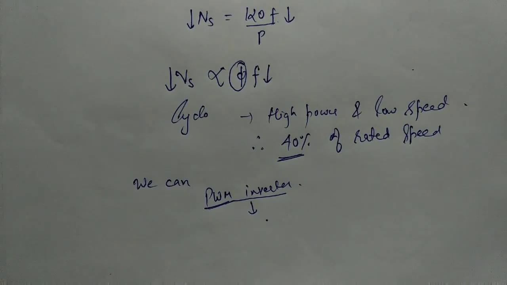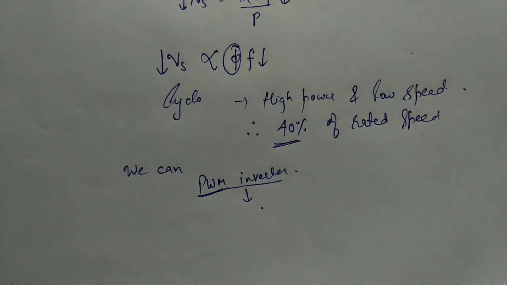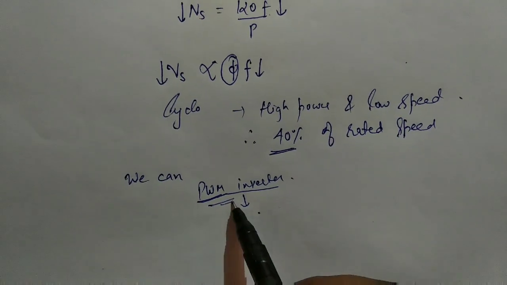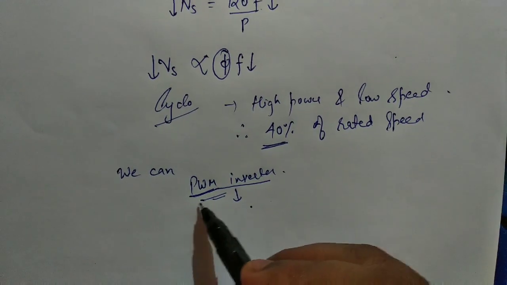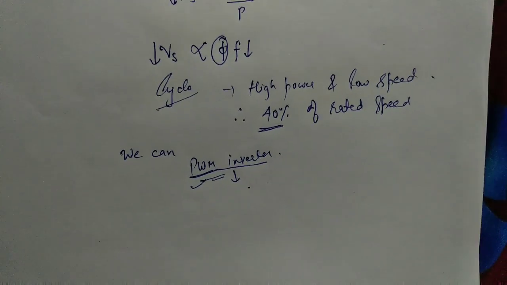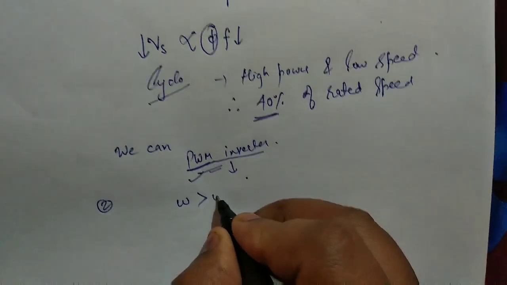Okay, so this reduces what? This reduces the pulsating torque and machine runs smoothly. So this is the advantage of PWM inverter. We can do with cycloconverter also and PWM inverter as well. Now for omega greater than omega r.